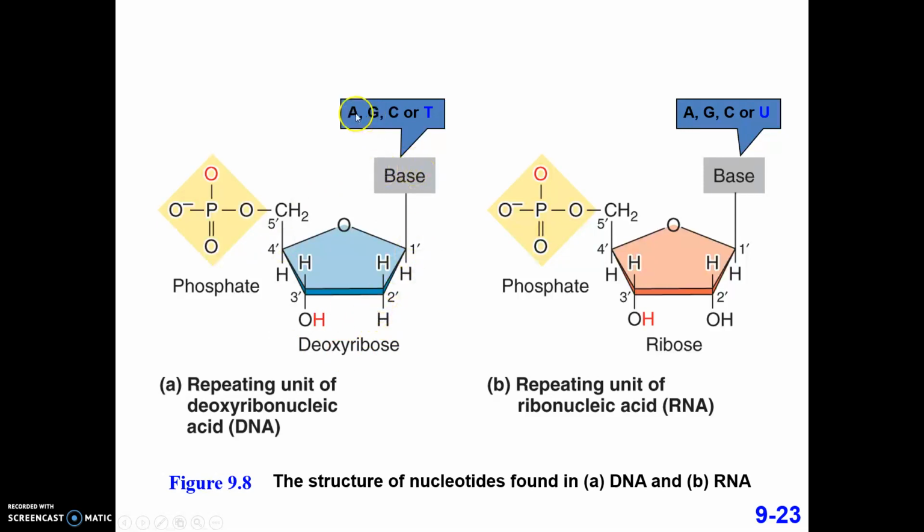And for bases, we can have A, G, C, or T. For RNA, we have that same structure here. We have that phosphate group attached to carbon number 5. And over here at position 2, we have the oxygen. And in terms of bases, we have A, G, C, or U.